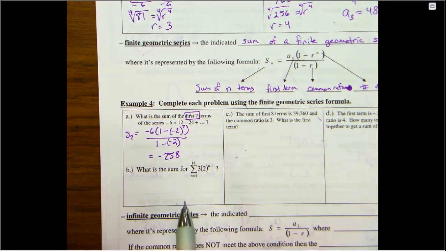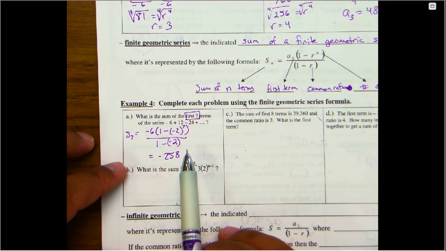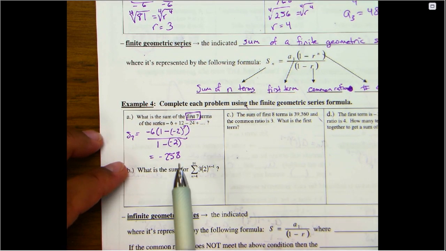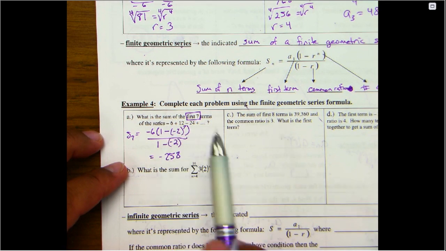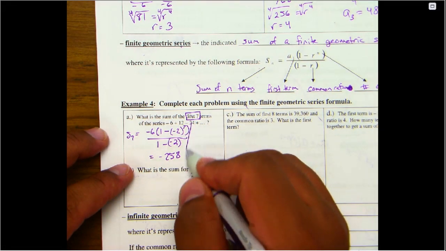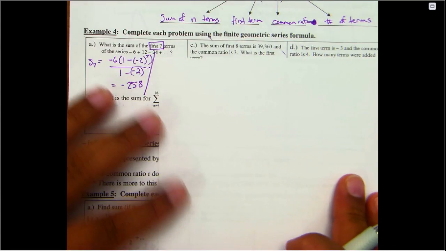What would be the formula for this, the nth term formula for this sequence? Just as a sidebar, real quick. What would be the nth term formula for that?